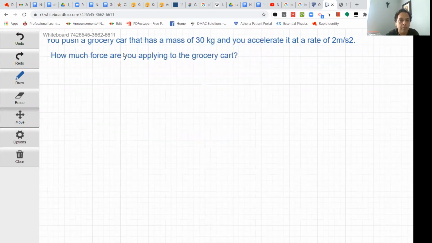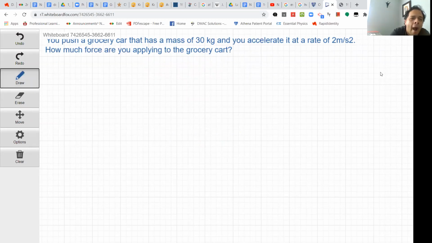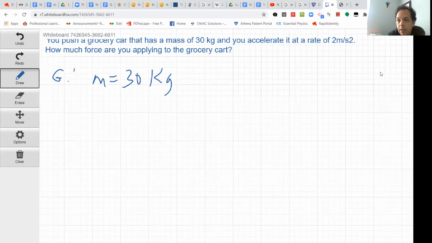Okay. You push a grocery cart that has a mass of 30 kilograms, and you accelerate it at a rate of 2 meters per second squared. How much force are you applying to the grocery cart? So what's given? I see kilograms, that's mass. I see meters per second squared, that's an acceleration. What's unknown?